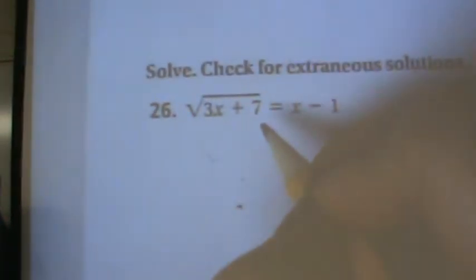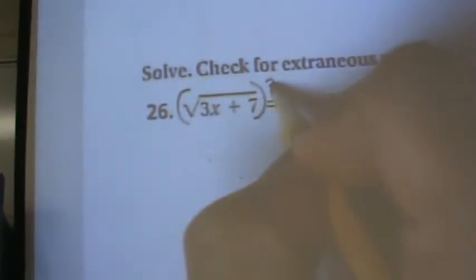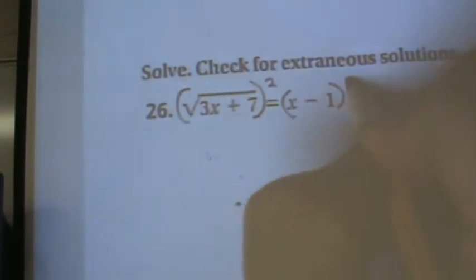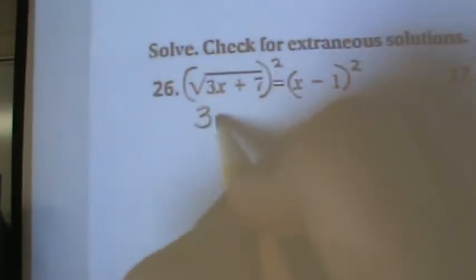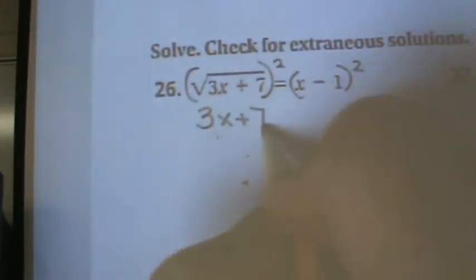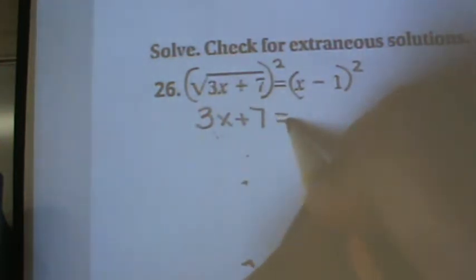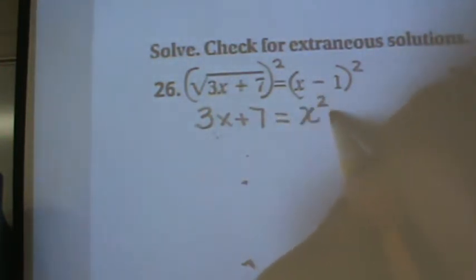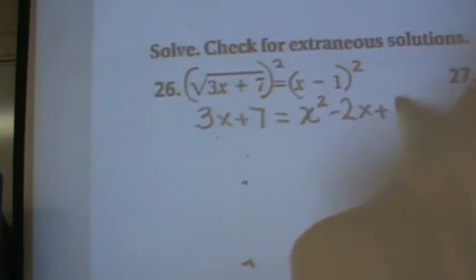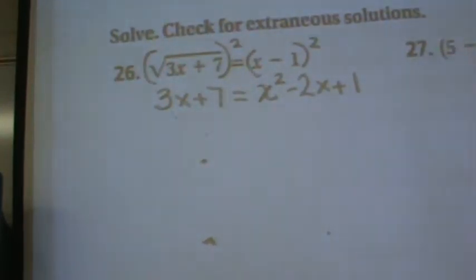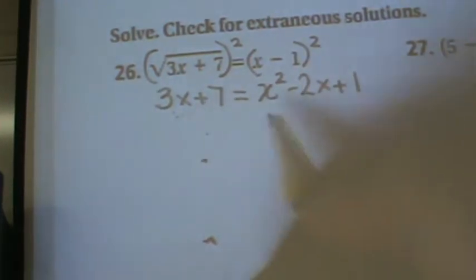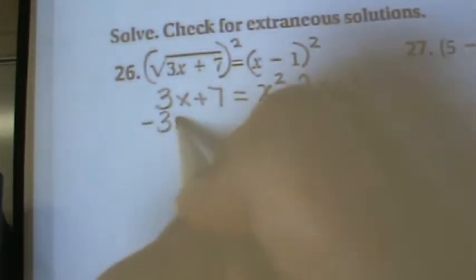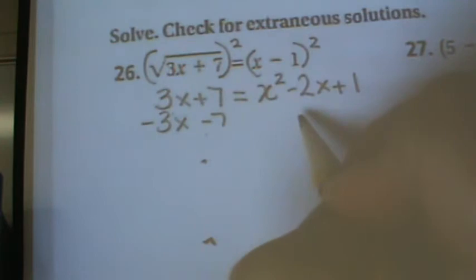What are you going to do with both sides? You're going to do it by yourselves. Square it. Where'd you get that 2x?